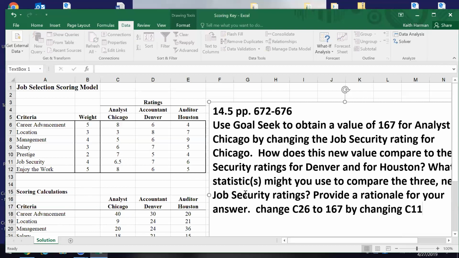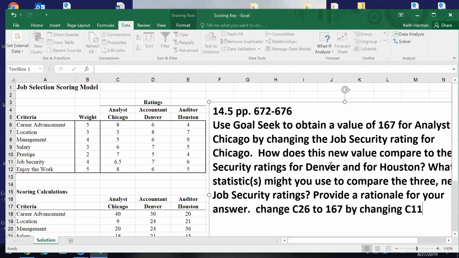And that's really what's going on with this scoring model. Obviously, if we give something a lower weight, it impacts its scoring calculation.